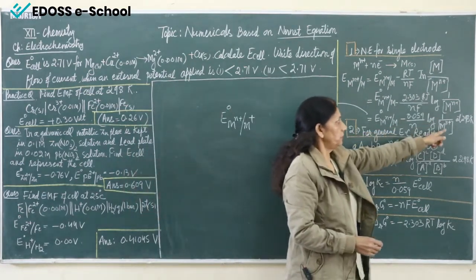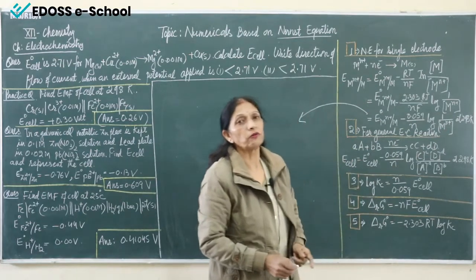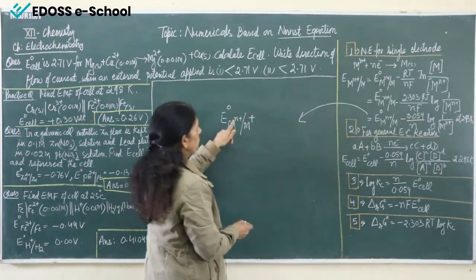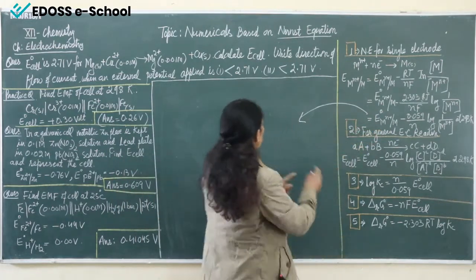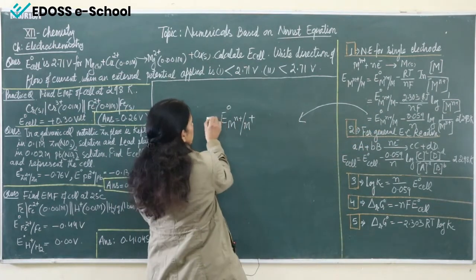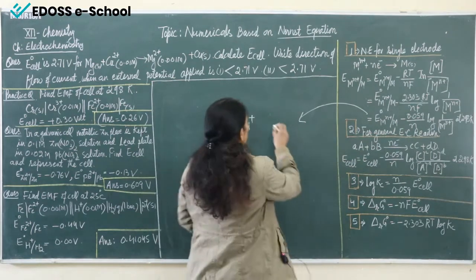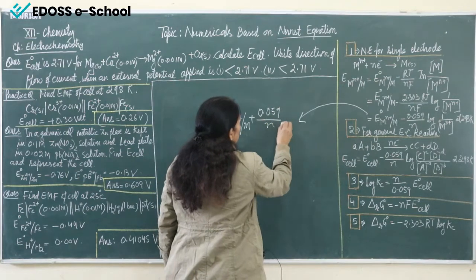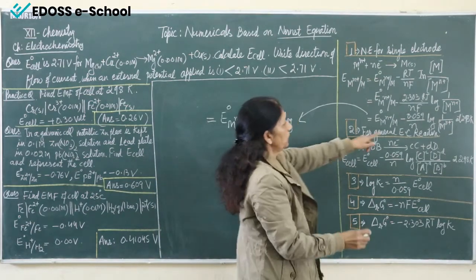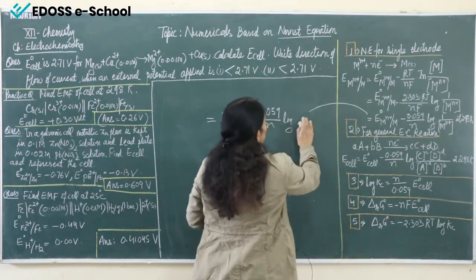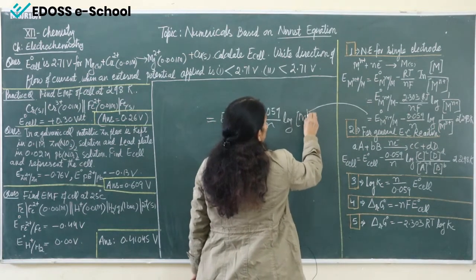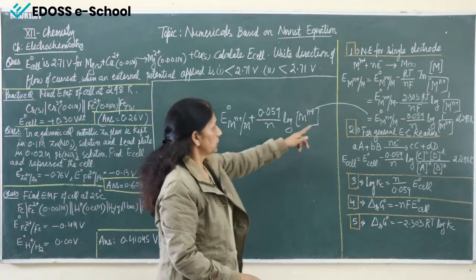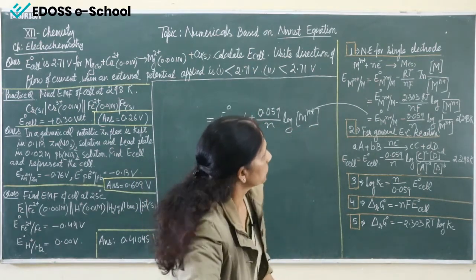Suppose the value is log 1 upon 10 raised to power minus 1. In place of minus we can put the plus, and then this becomes 0.059 upon n log M n positive concentration. So this is the Nernst equation for a single electrode.